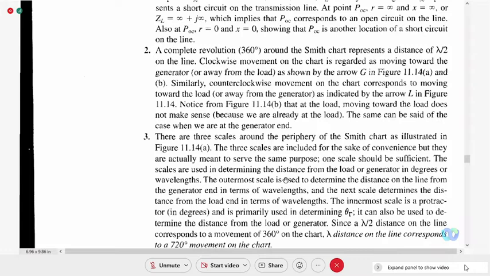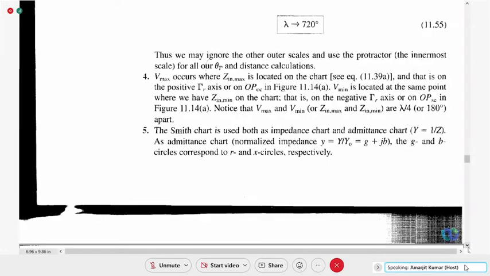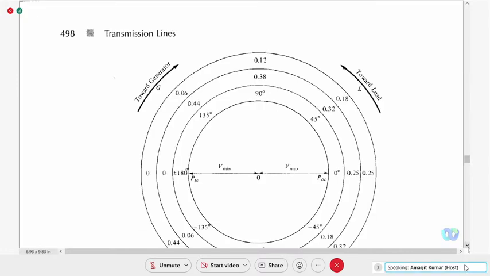Now let us talk about the three scales. We see the outermost scale, the middle scale and the protractor, the innermost scale.